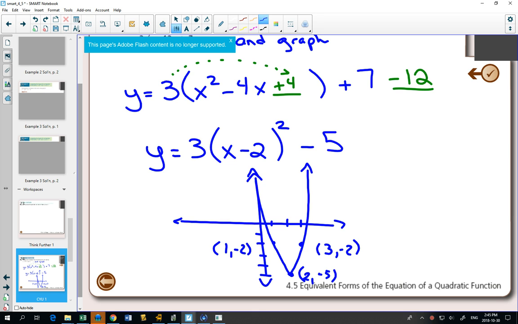And your parabola will look like this. If you wanted to, you could go over 1 again and up 6. Oh, you wouldn't go up 6, you'd go up 9, sorry. 4 comma 7, and you would have 0 comma 7 on this side.